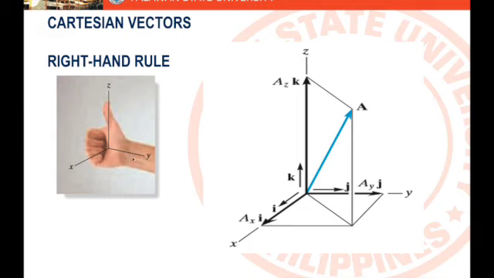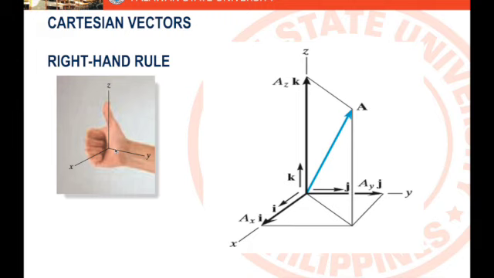For the right hand rule, as you can see here, you can take your right hand and do a thumbs up. Here we draw our x, y, z coordinate system with your right hand. For us, we just need to imagine it.